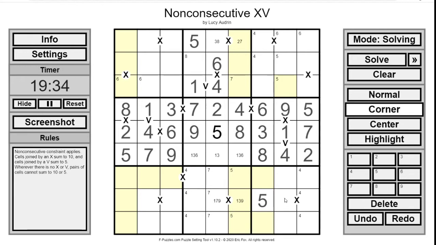Can't go here because that would force a 2. Similarly, it can't go in this domino because that would force a 2. We're getting somewhere here.